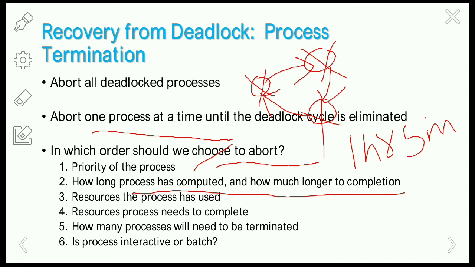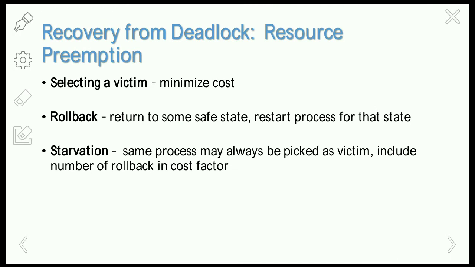How many processes will need to be terminated? Either we have to terminate all the processes, or we have to terminate them one by one. And the last one is whether the process is interactive or batch. Based on that we are going to eliminate the process. So this is about process termination, and next is resource preemption.